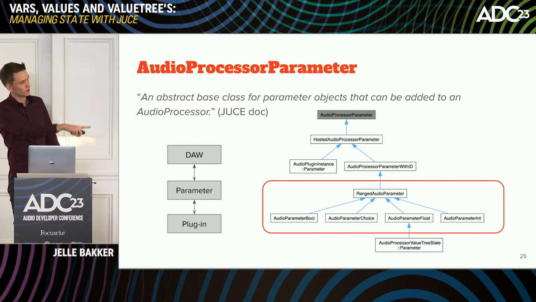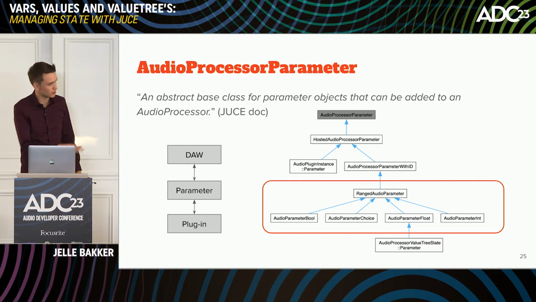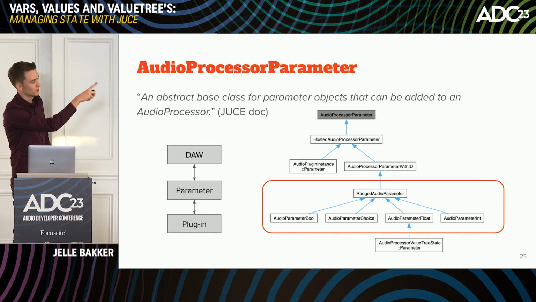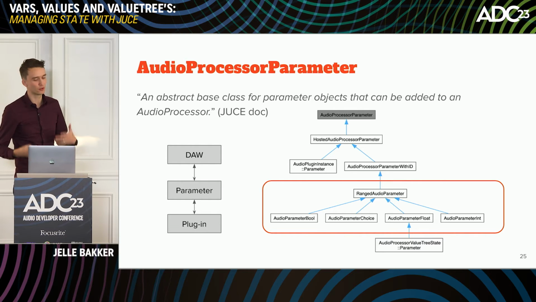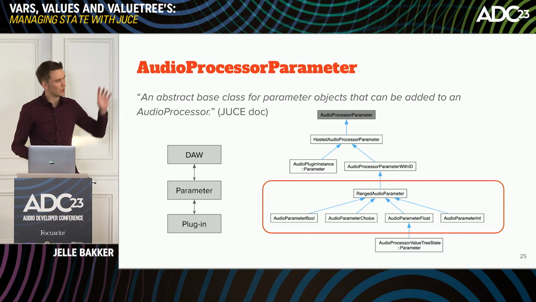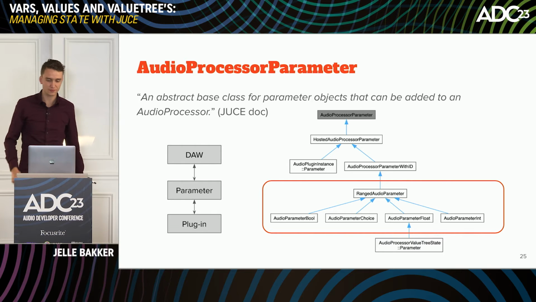And well, the structure of inheritance is quite complicated. It's kind of how it evolved over the years, but it's only the part around the rectangle that you're really going to be worried about, because you want to create concrete parameters, and this base class is only really an interface for it.